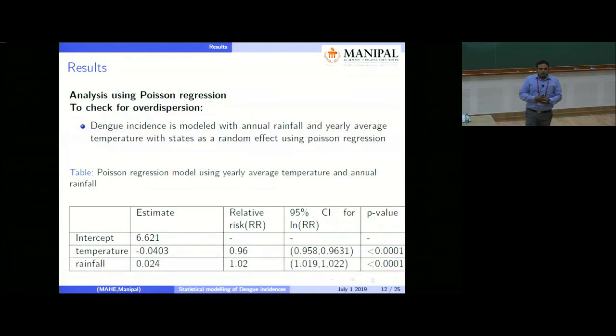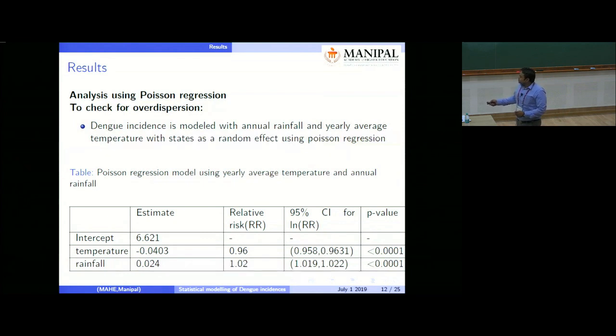Relative risk is a commonly used effect measure in epidemiology. A relative risk less than 1 means this particular factor is protective, and a relative risk more than 1 means it is a risk factor or a harmful factor.